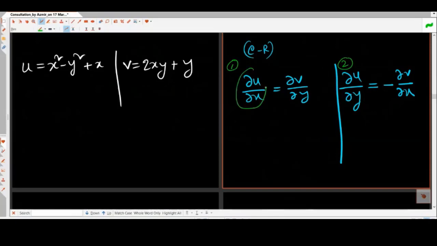And here du dx, dv dy, du dy, dv dx all denote the first order partial derivatives of u and v. So here, let's find du dx, du dy, dv dy, dv dx. Then we can check whether these two equations are satisfied or not.